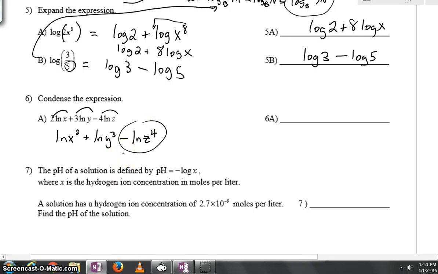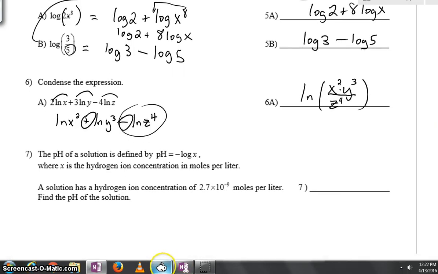Positive terms are always up on top. In fact, they're multiplied together. They'll be in the numerator. But anything with a negative has to be moved down below. So we'll have the natural log of x squared times y to the third. That's that addition. But whatever is down below is coming from that minus. That minus indicates division.